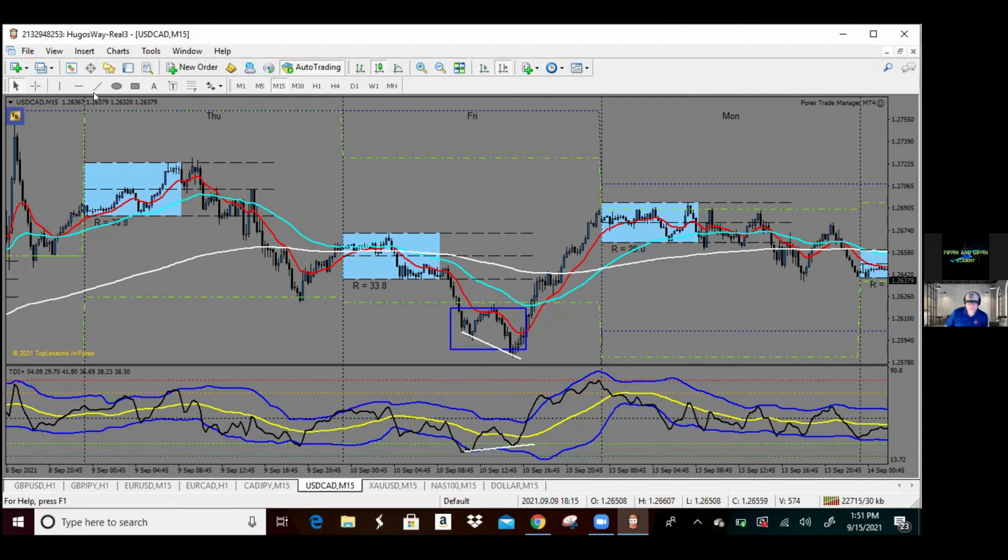We got a good shift candle right there. Close above the market baseline, close above the 50 static line on the TDI, enter the trade. Discounted entries, easy 2-to-1 trade. Okay, stop loss was 25 pips for 50, easy.